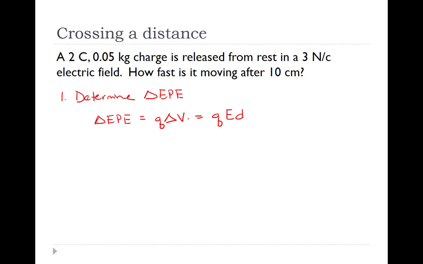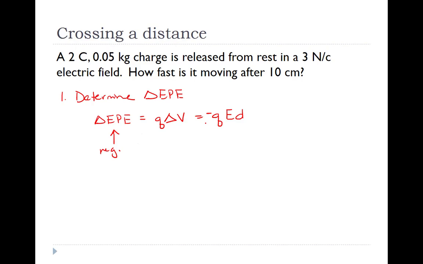But the thing to remember is that the change in electric potential has to be negative. This charge is going to move to a lower potential energy. And to make sure that happens when we plug numbers in, we need to make sure that we have a negative here as well.